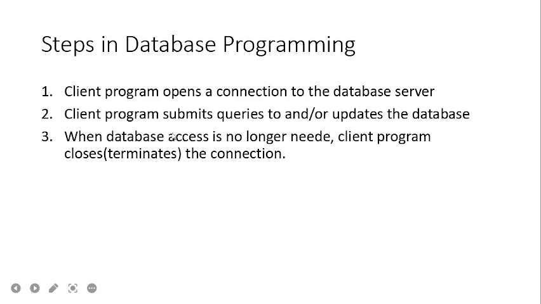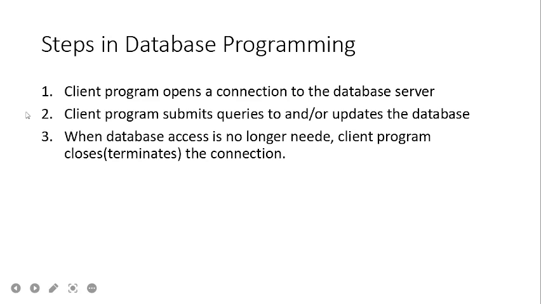When the application program requires access to a particular database, the program must first establish a connection to the database server. Typically this involves specifying the internet address of the machine where the database server is located, plus providing a login account name and password for database access.